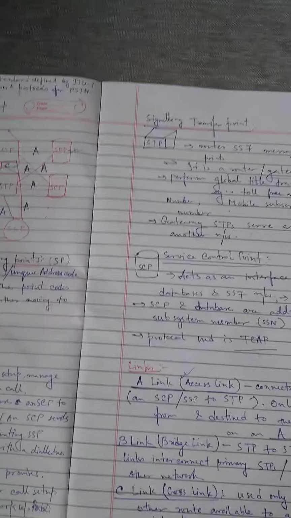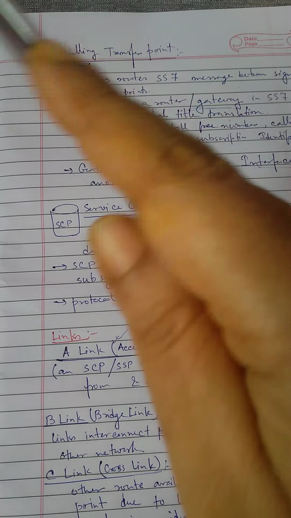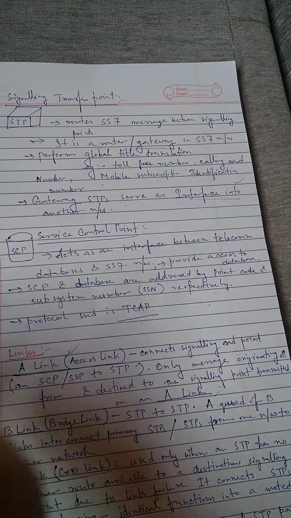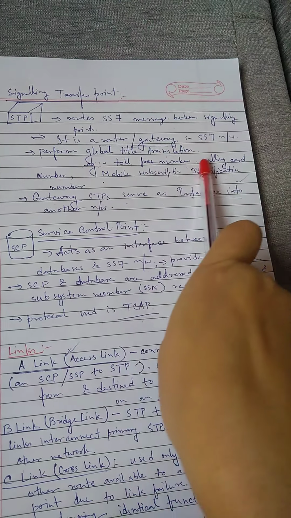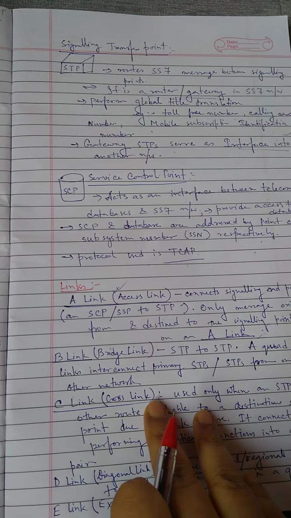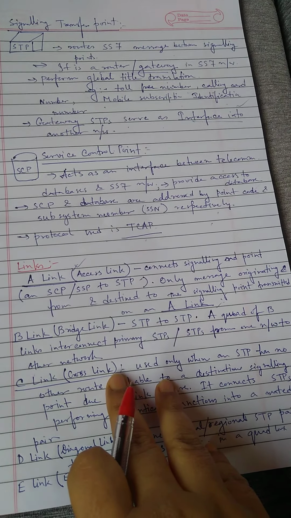These are the messages. So SS7 means the signaling transfer point or the router will convert those dialed digits in the SS7 message. That is known as the global title translation. My third signaling point is the service control point. It acts as an interface between the telecom database and the SS7 network.